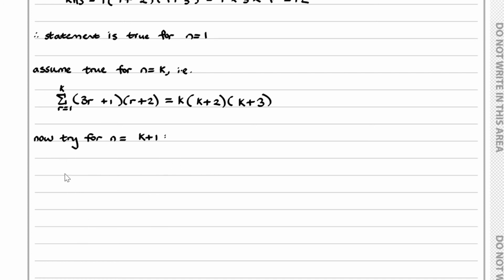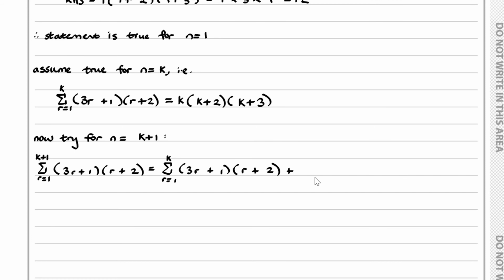So trying the result for n equals k plus 1, the sum from r equals 1 to r equals k plus 1 of (3r plus 1) lots of (r plus 2) is equal to the sum from r equals 1 to r equals k of (3r plus 1) lots of (r plus 2) plus the k plus 1th term.